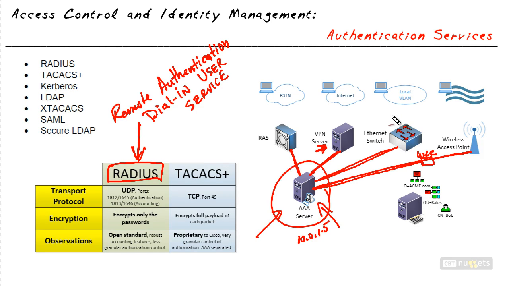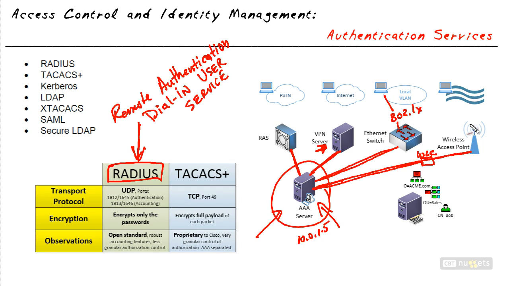If the Ethernet switch was using 802.1x to authenticate devices before it allowed them to connect and send traffic through the network, this switch would be configured as a Radius client, which means we're going to tell this switch, hey, Mr. Switch, if you ever need to validate Bob or anybody else, because you're using the 802.1x protocol with that client, go ahead and send those Radius requests over to 10.0.1.5, and he'll give you the answer, yes or no, as far as Bob and the credentials that Bob supplied.